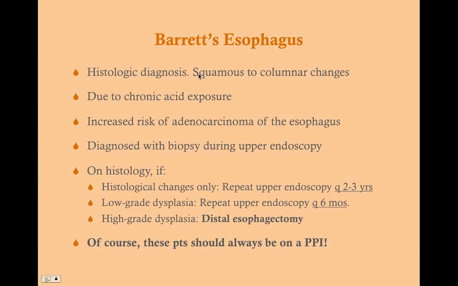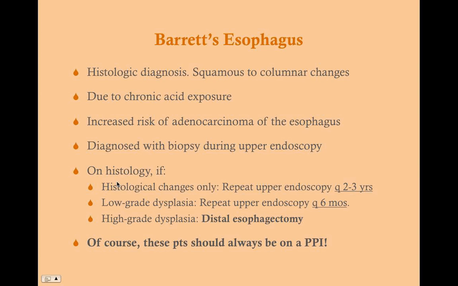So you want to keep an eye out for this in any patient who's having GERD. You want to make sure their GERD symptoms are under control. If their GERD symptoms are difficult to control, you want to make sure you get an EGD eventually. This might be more of a Step 1 question, but you may see it on Step 2 or 3 because it's so important, so you're going to have to remember back to some of your Step 1 material.